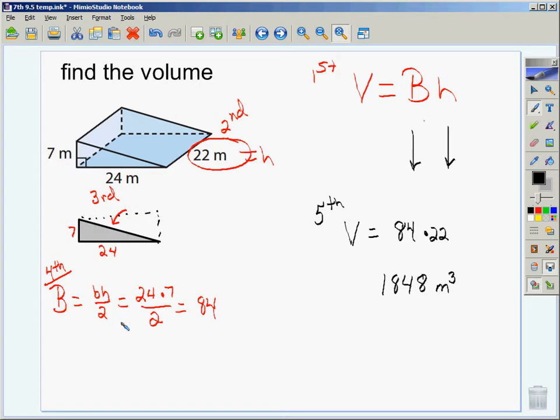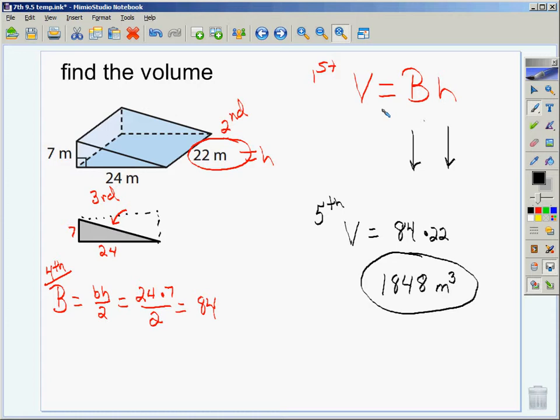Half of it. That's why we divide by 2. Makes sense to everybody where the formula came from? Okay? Everybody good with this? So the end answer was this. All of this is important for the process, showing those steps.